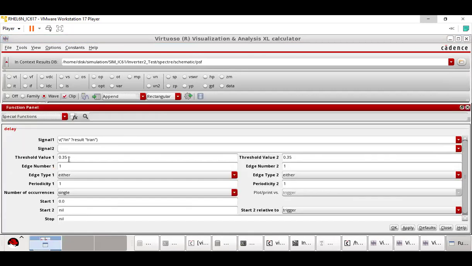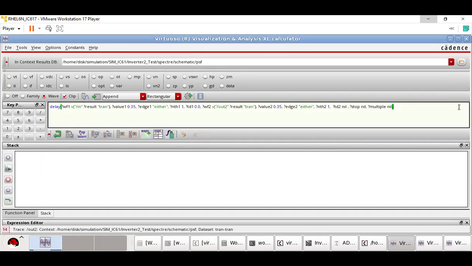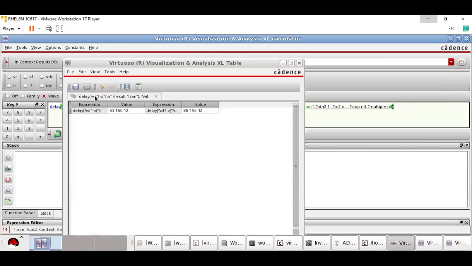Okay. There you have signal 2. The threshold value is 0.35. The rest is same. Apply. There you get the formula. Take the output. Now see the delay. The first delay was 53.16, and between input and second output, the delay is 88.15 picoseconds.